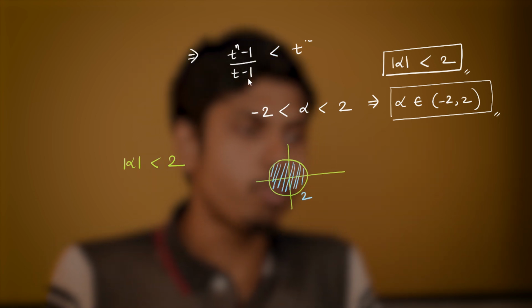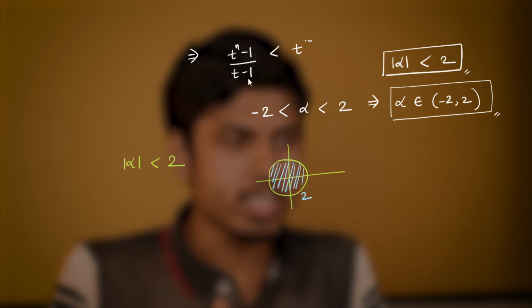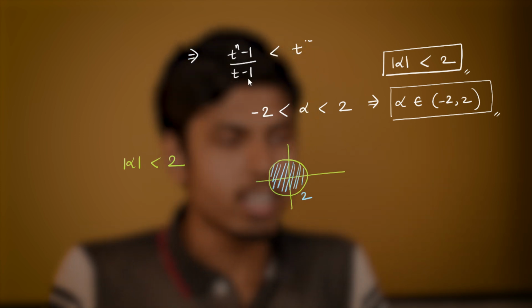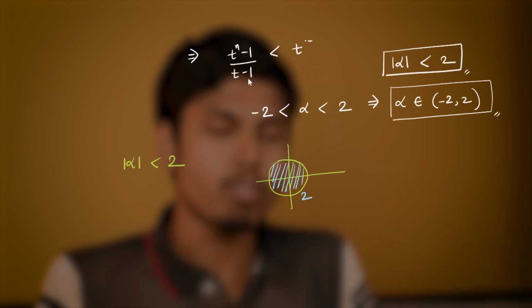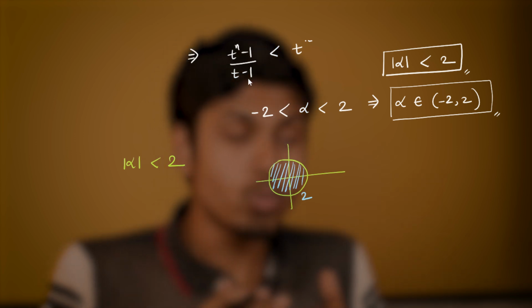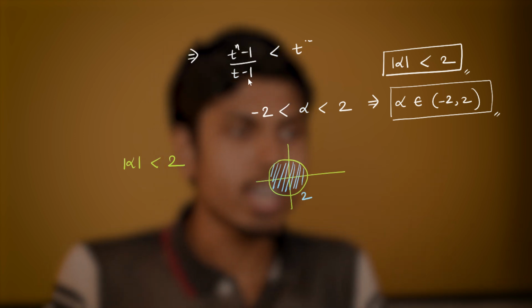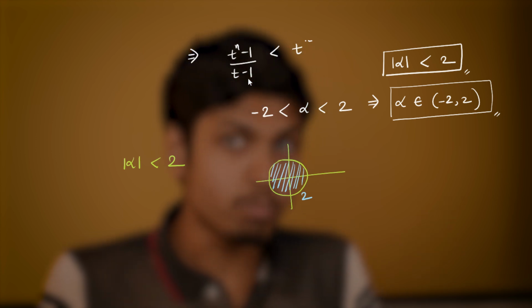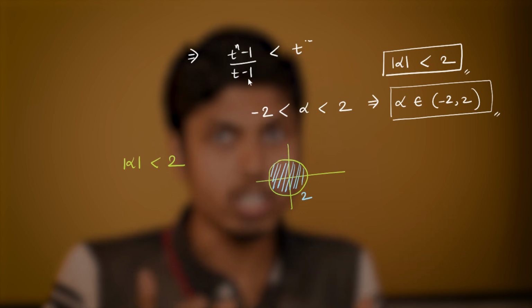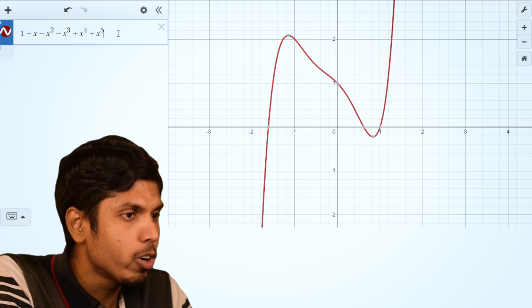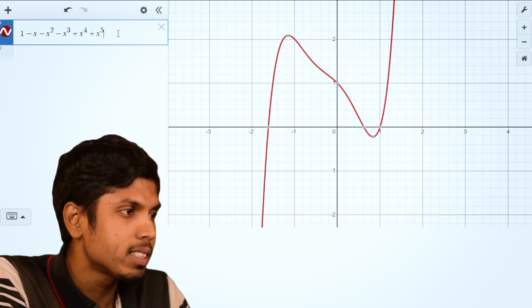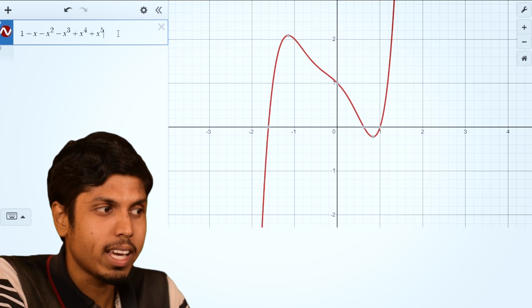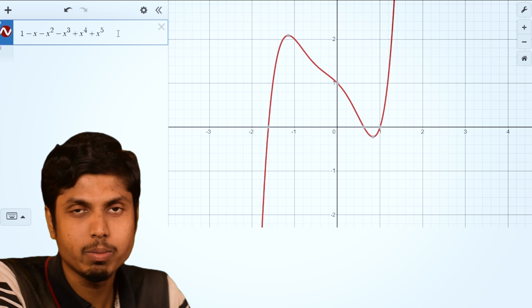But we can't plot the graph of polynomials in 3D easily. But let's try out a two-dimensional plot that can sketch the roots which are real. And you will observe that it's between -2 and 2. So here is the polynomial 1 - x^2 - x^3 + x^4 + x^5.